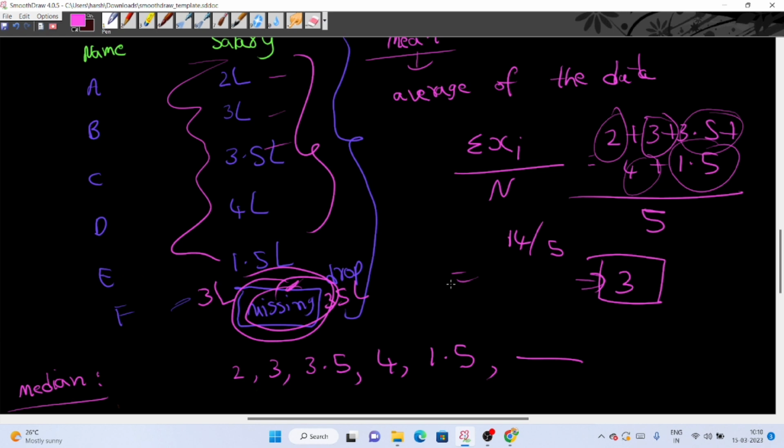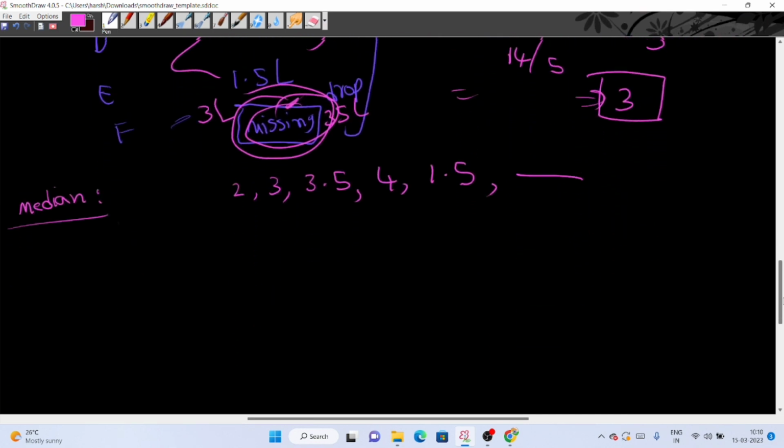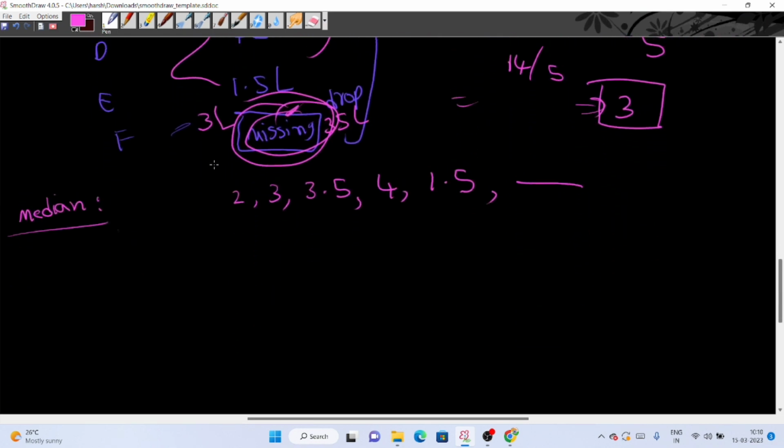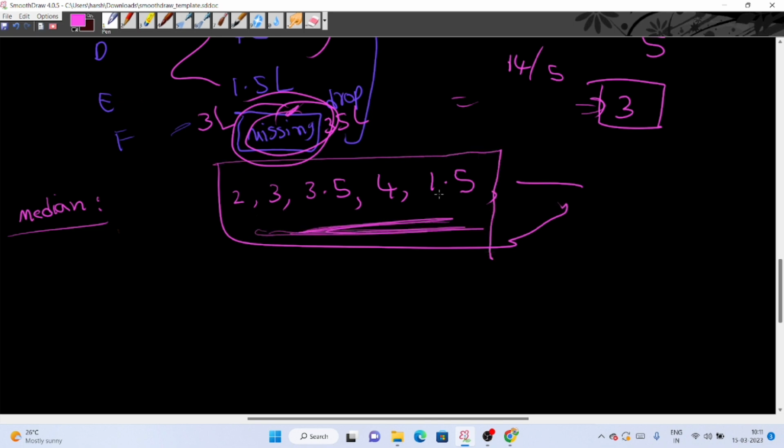We have seen with mean how we can fill the missing value with a similar kind of data which may not be an outlier. Now let us see how we can fill this with the help of median. First of all, to fill the value, we have to find the median of these 5 numbers.